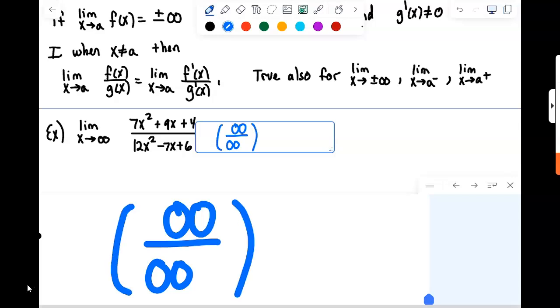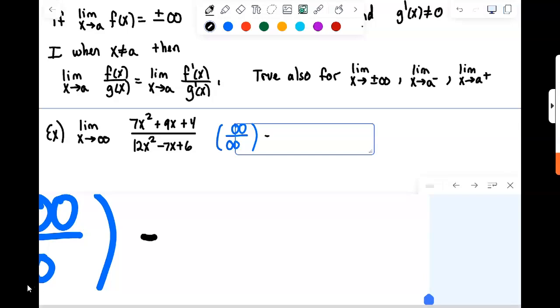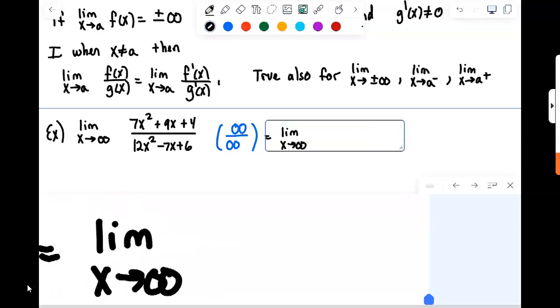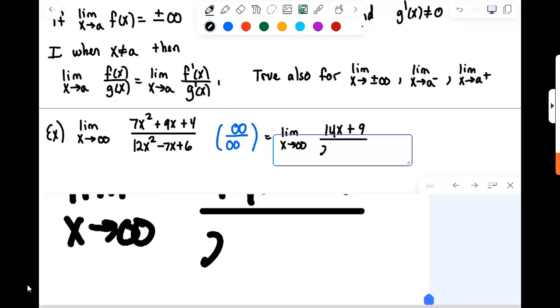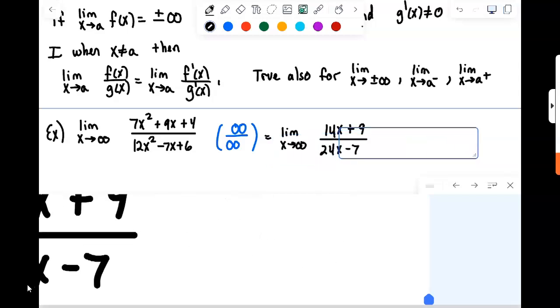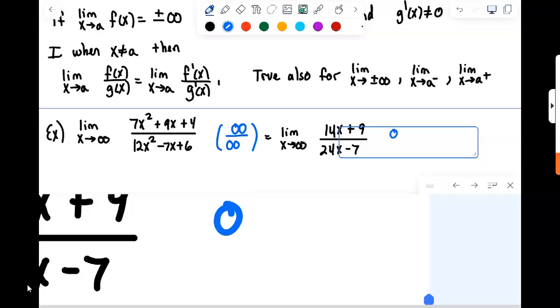So we can invoke L'Hopital's rule and take the derivative, get limit as x approaches infinity of 14x plus 9 on the top over 24x minus 7 on the bottom, which is again another infinity over infinity limit.